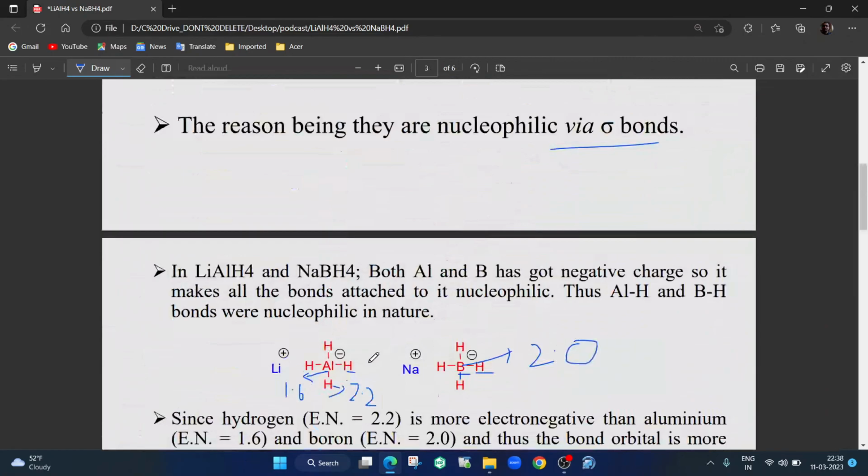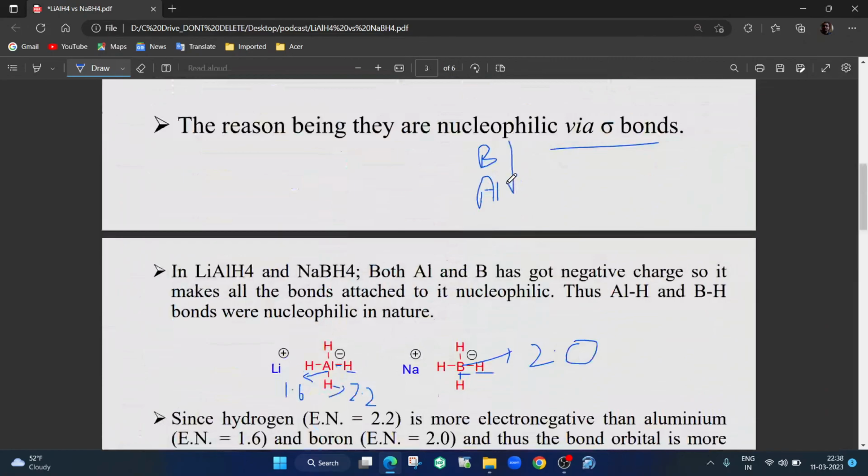So very clearly, if you see the difference between aluminum and hydrogen, hydrogen is more electronegative, electrons are closer towards hydrogen, but aluminum is much more electropositive than hydrogen, so it gives away all the electron towards hydrogen. You understand? First comes boron, then comes aluminium. As we know, they are in the same group, group 3, okay?